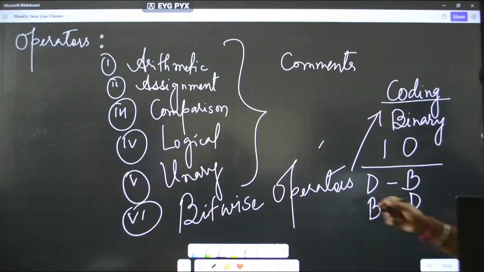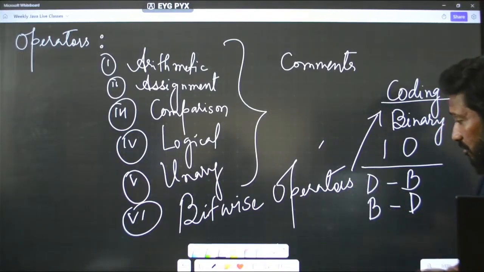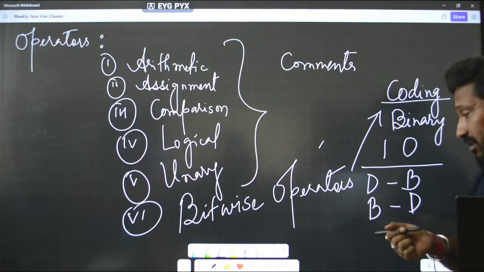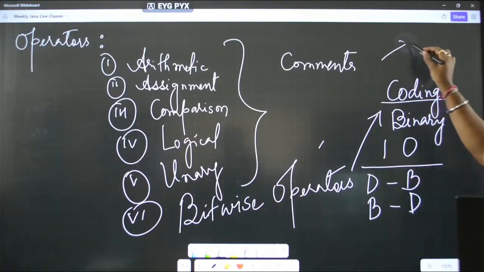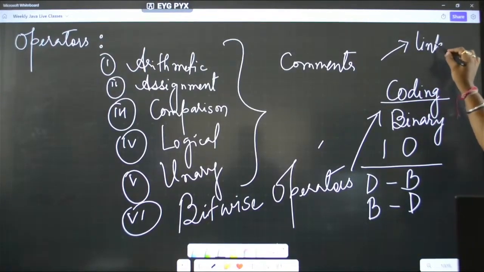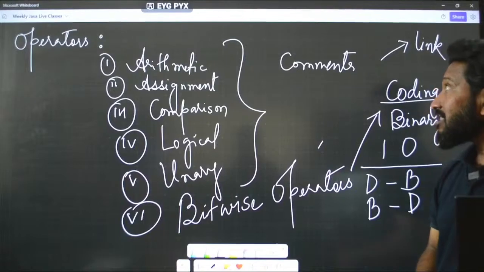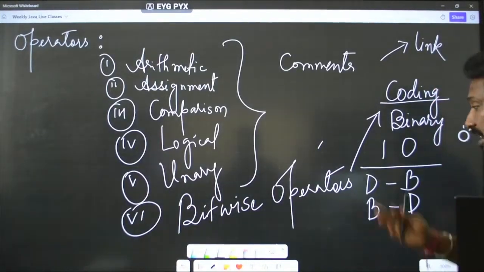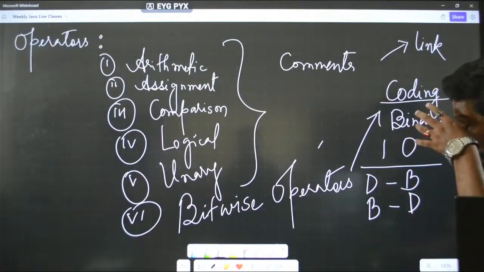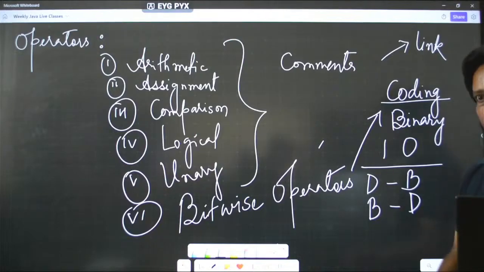If you haven't gone through this video, please go through it. I will tell my team to give the link in the description. It will be really helpful for you to understand the concept of binary numbers in programming.